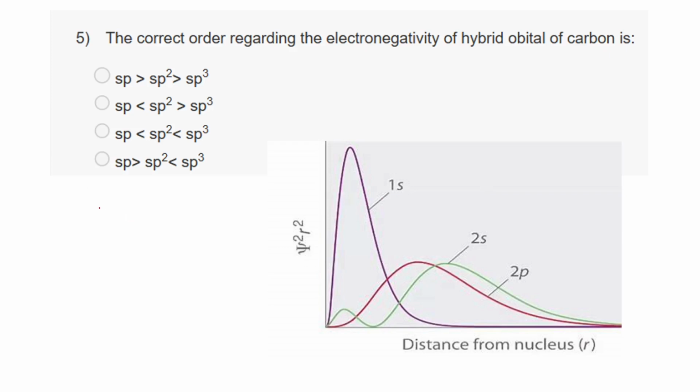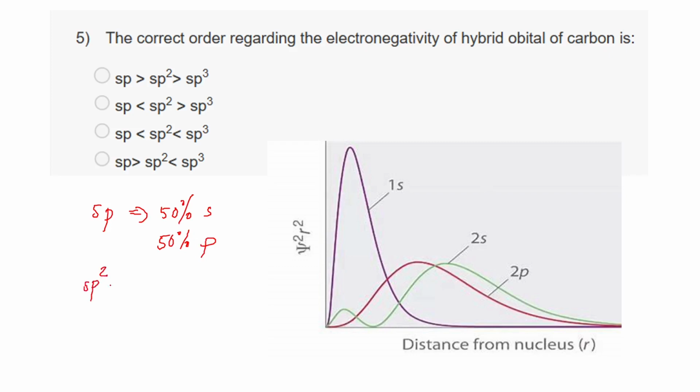So if we have sp, there are only two orbitals involved, s and p. If we want to calculate the contribution of s orbital to this hybrid orbital, it is just 50%, right? 50% s, 50% p. So sp orbital has 50% s character and 50% p character.